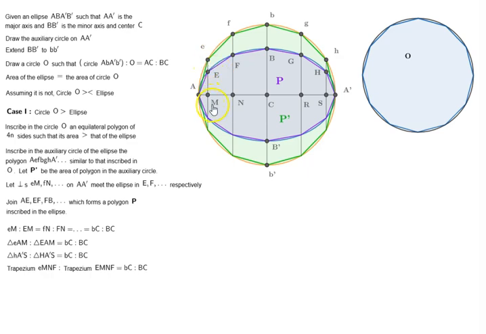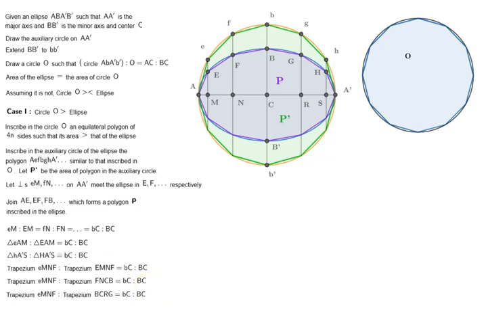Trapezium emnf is to trapezium capital EMNF is equal to bc is to capital BC. Again, trapezium emnf is to trapezium FNCB is equal to bc is to capital BC.